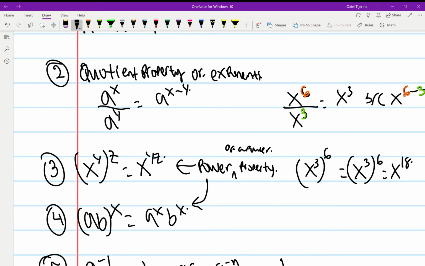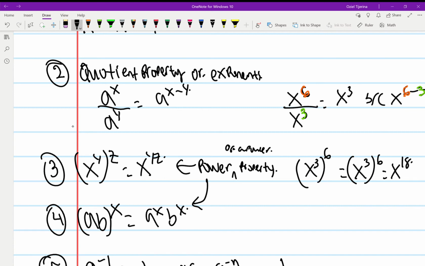So that's the other property. And you use it also when you're simplifying algebraic expressions with exponent properties.